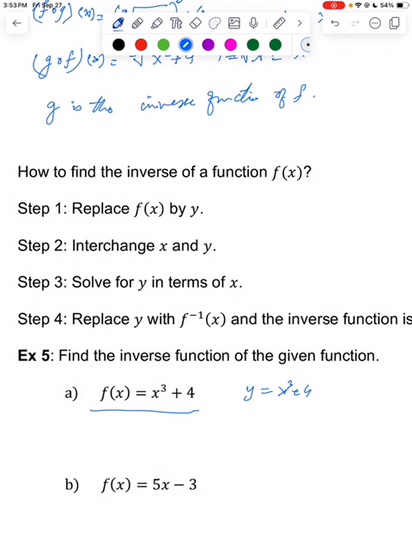Remember, our function is given where we have y in terms of x, right? But now we interchange, and now again we find y in terms of x, because that's how we represent any function.